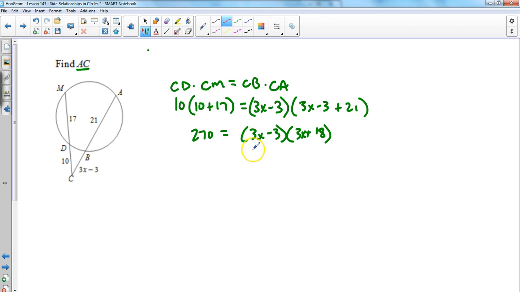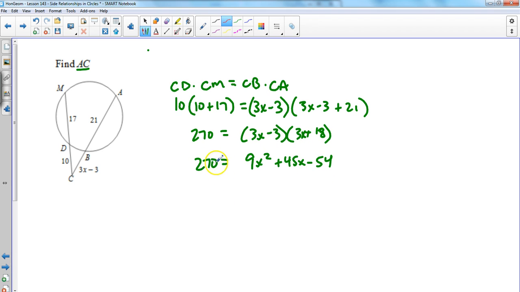And then we need to FOIL this, so we'll end up with 9x squared. Outside is 54 minus 9 is going to be 45, so plus 45x minus 54. That's equal to 270.